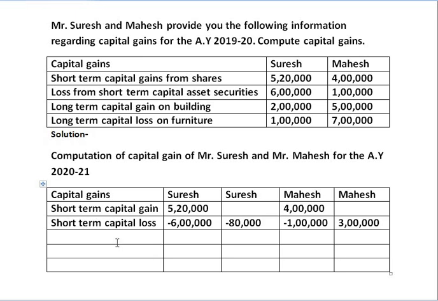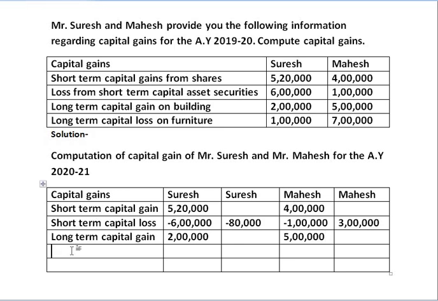Next is long term capital gain on building. Long term capital gain of Mr. Suresh is 2 lakh wherein Mahesh it is 5 lakh.